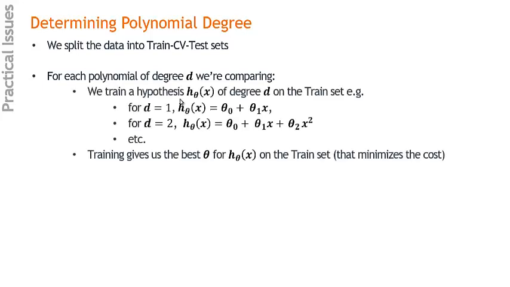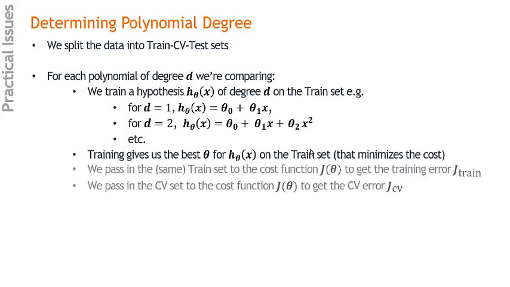Okay. So you do a hypothesis for each degree, right? So this is a linear model, quadratic model, etc. Now for each of these models, we can find the best theta by training on the entire training set. That doesn't tell us which model is the best.